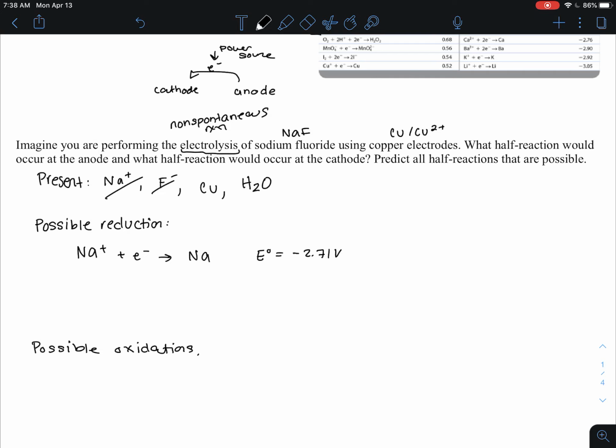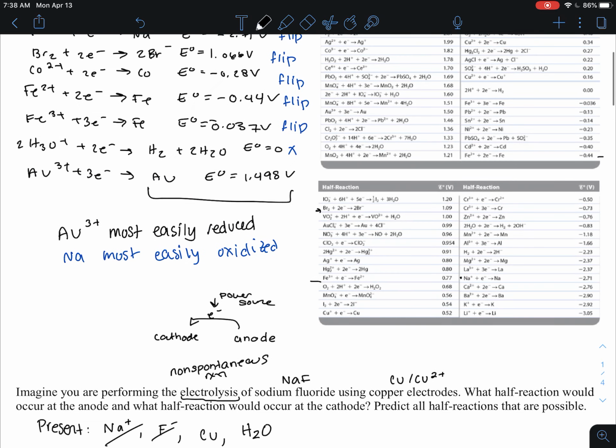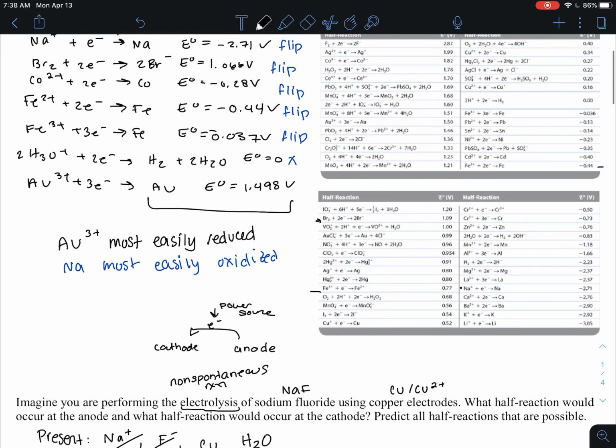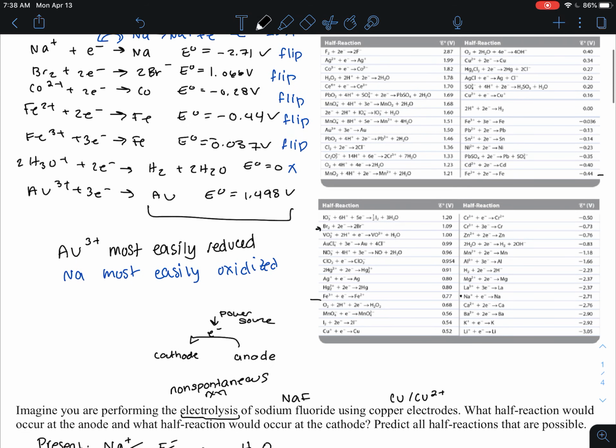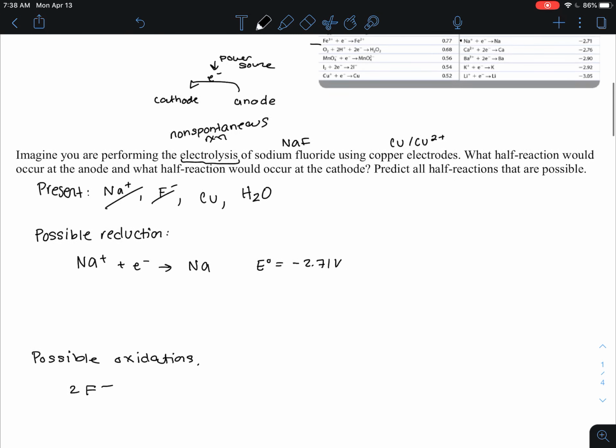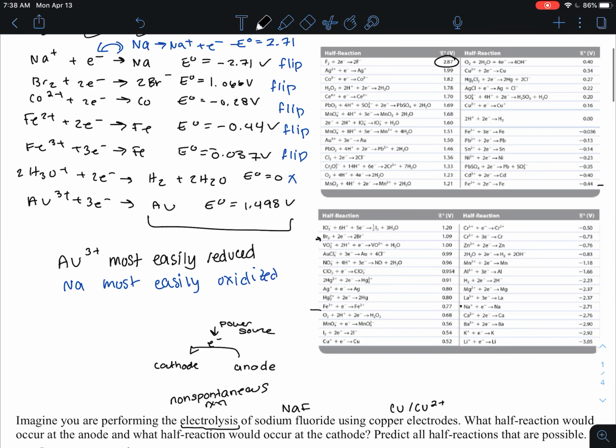Now, possible oxidations, I'm just going to do both at once. Since I just figured out my sodium, I know my fluorine is going to be oxidized. So I have 2 fluorines. And again, you would just look up these half reactions on your table. You would find where your sodium was, which I already did. Then you would find where your fluorine is, which is right up here.